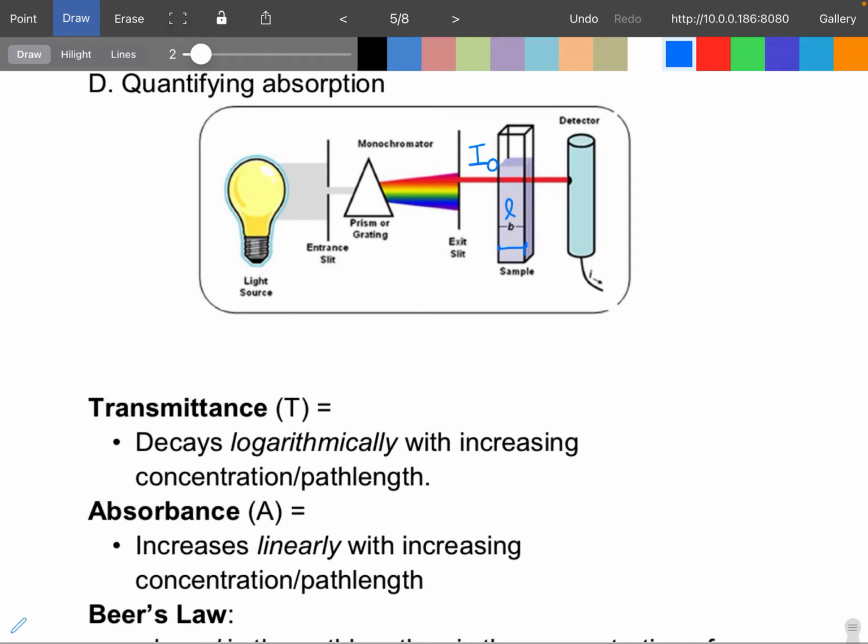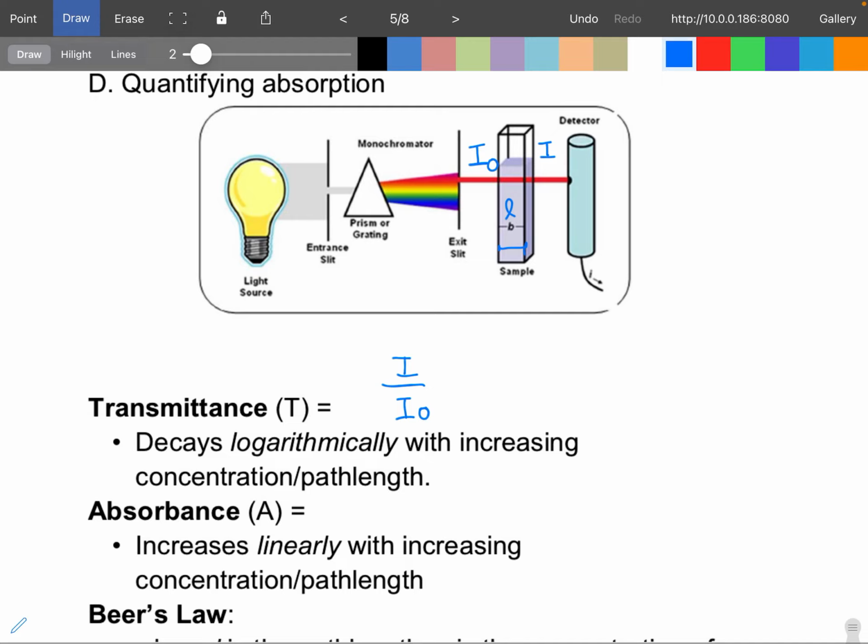The amount of light coming out of the sample is going to be I, with no 0, which means some light has been absorbed by the molecules. So how do we quantify that? We have the transmittance, which is literally just the ratio of I over I0. Sometimes you multiply that by 100 to get the percent. That's the transmittance.